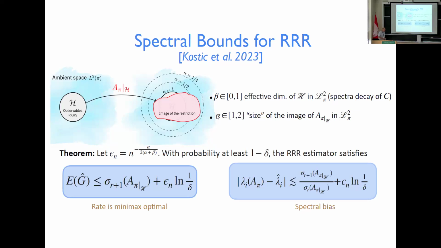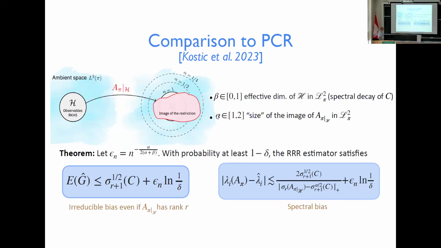In contrast, for principal component regression, I don't have these results, because the term here and the term here depend on the covariance operator, which is not of finite rank.